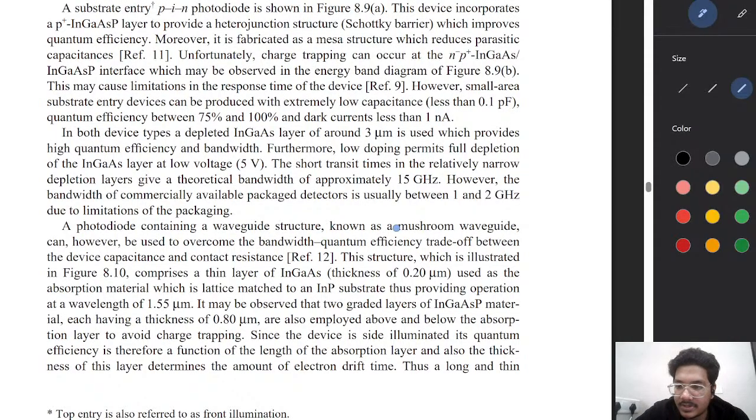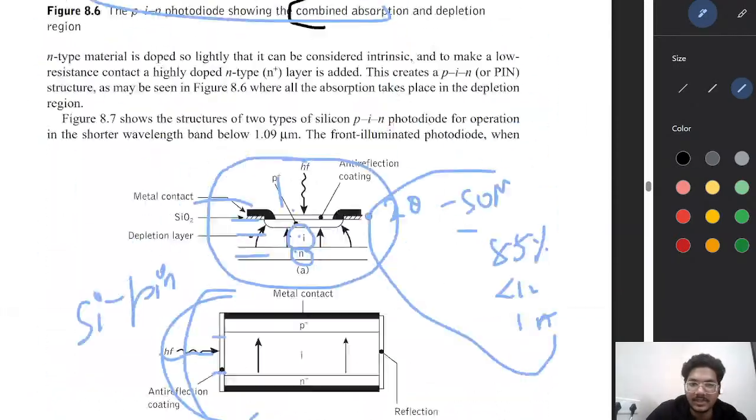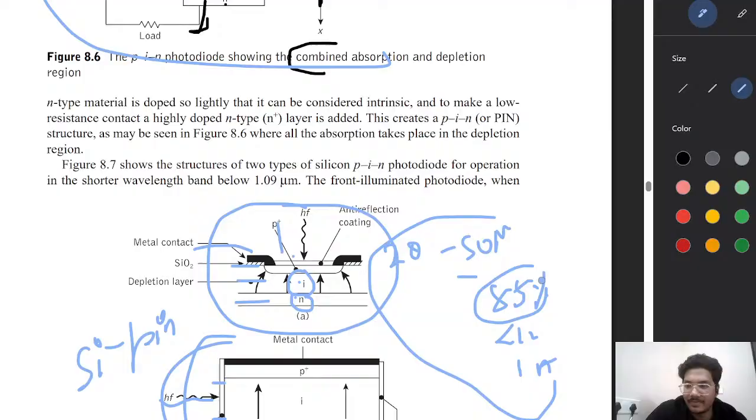So the summary of the PIN diode is: a PIN diode includes a wide intrinsic region, improving absorption and speed. Absorption occurs entirely inside the depletion region, giving high quantum efficiency and fast operation. A silicon PIN diode has a 20 to 50 micrometer depletion width, is faster, and gives a quantum efficiency of 85%.